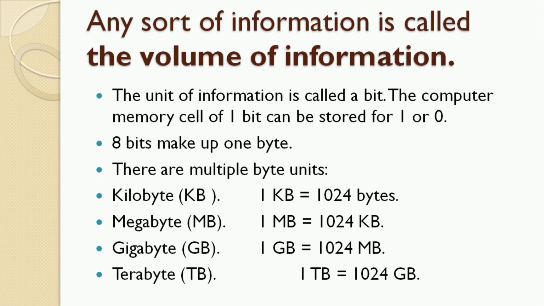There are multiple byte units. 1 kilobyte is equal to 1024 bytes. 1 megabyte is equal to 1024 kilobytes, 1 gigabyte is equal to 1024 megabytes, and 1 terabyte is equal to 1024 gigabytes. If one word has 8 letters, it means that this word has 8 bytes.